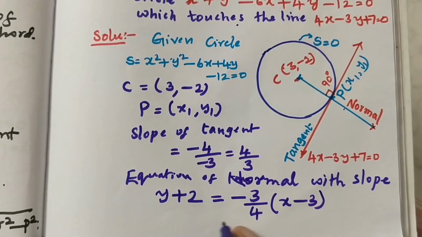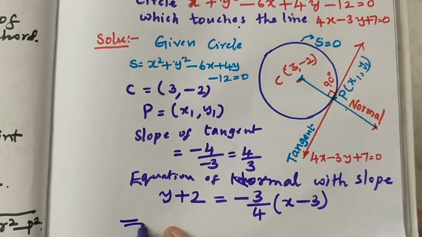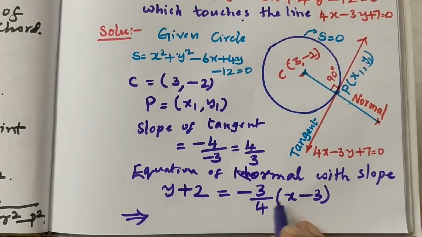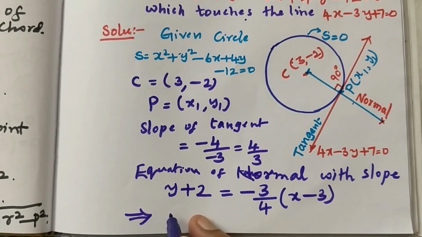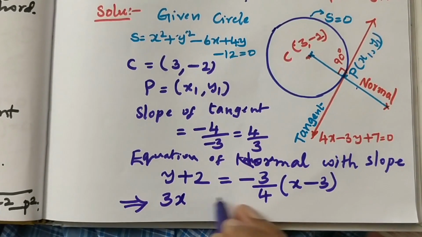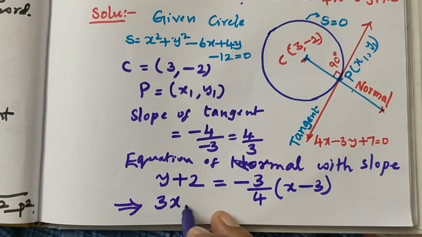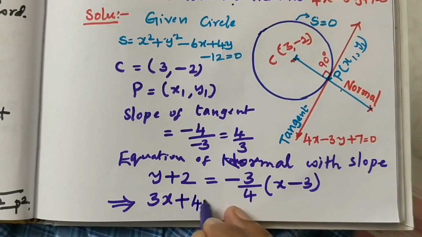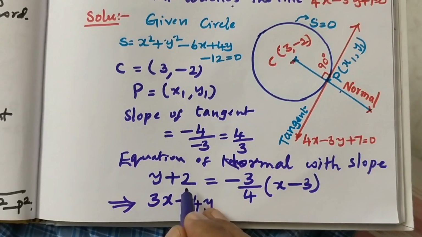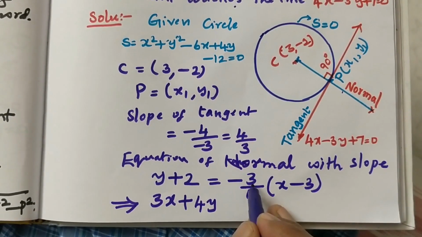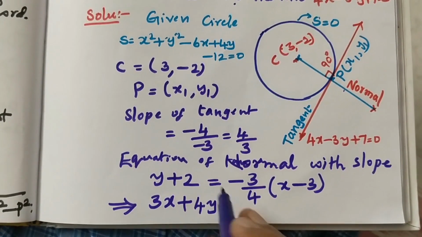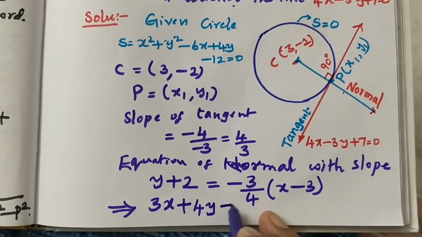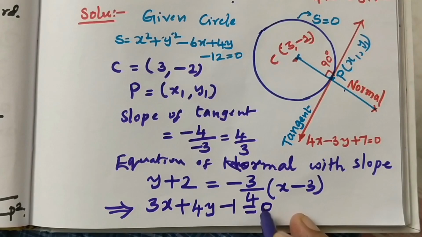What is it? Minus 3 into x, minus 3x, came to this side, plus 3x. And this 4 multiplies this, plus 4y plus 4 twos are 8. This one is minus 3 into minus 3, plus 9, came to this side. Plus 8 minus 9 is minus 1 is equal to 0. This is my normal equation.